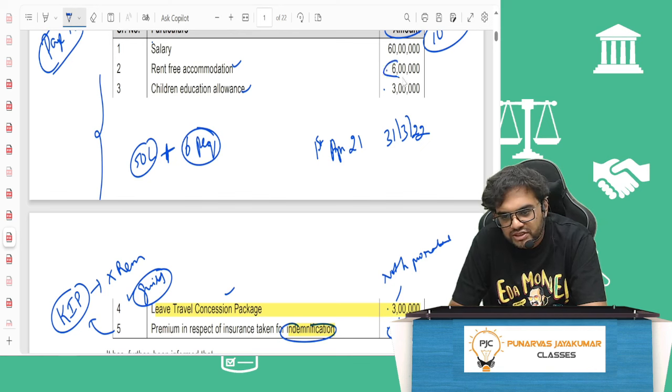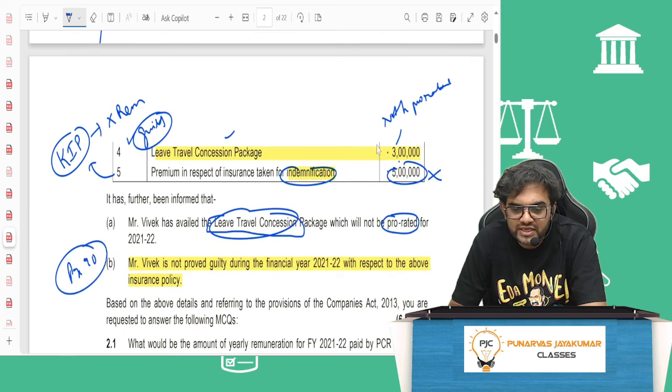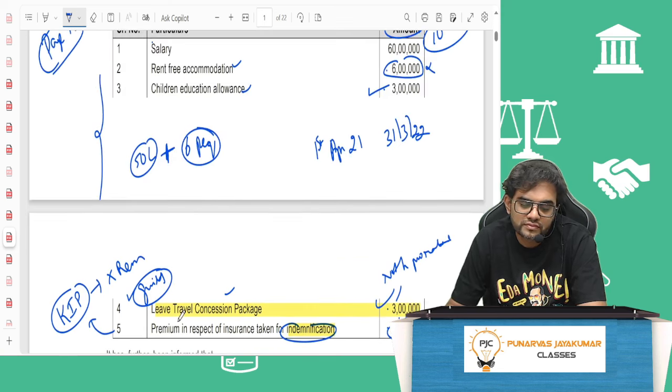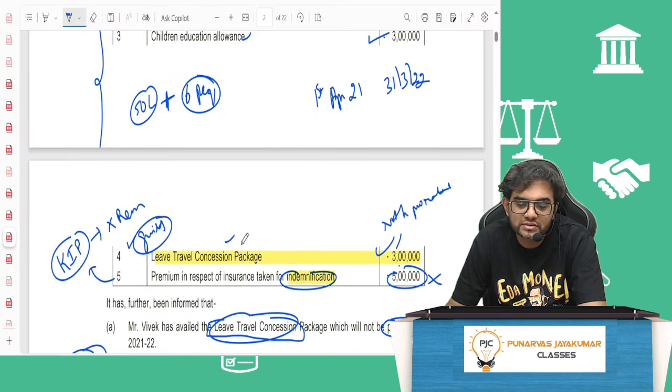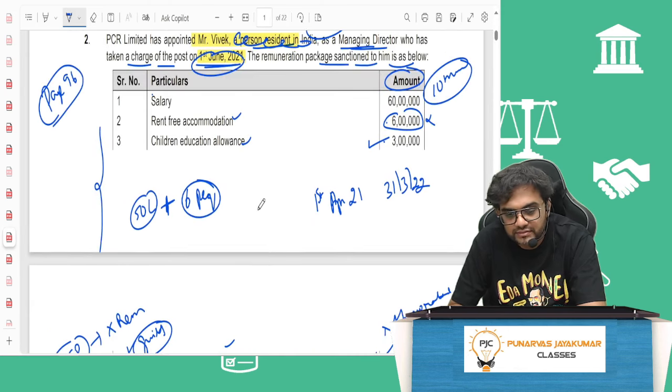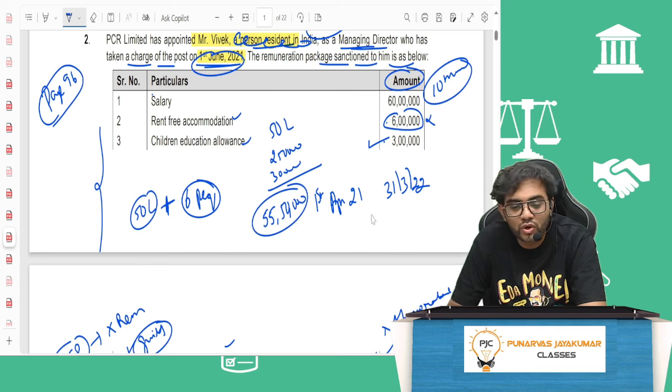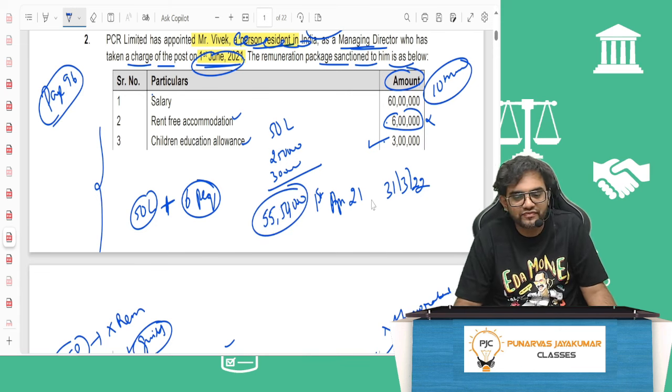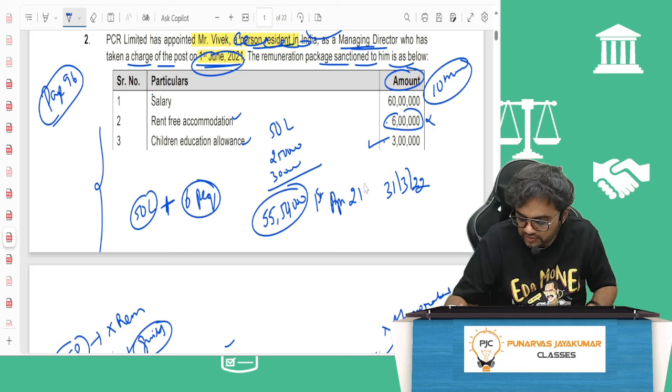In that, rent-free accommodation is included, so you shouldn't be taking. This will be extra. Children education allowance is extra. LTC is extra. So children education allowance prorated and LTC. So basically, guys, 5 lakh and 2 lakh 50 and 3 lakh. So 50 lakh plus 2 lakh 50,000 plus 3 lakh. So totally 55 lakh 50,000 is what he is supposed to get.